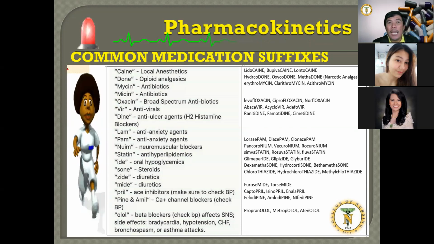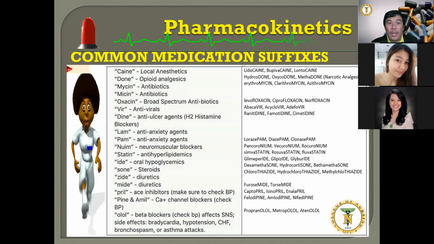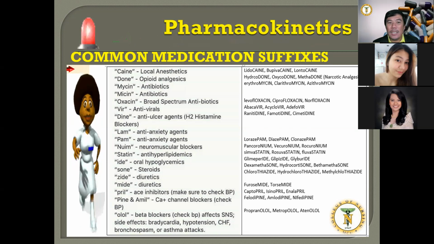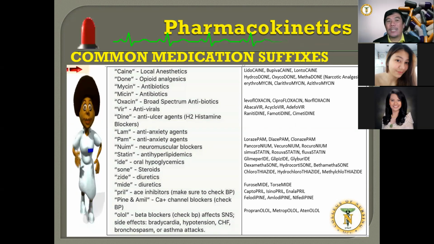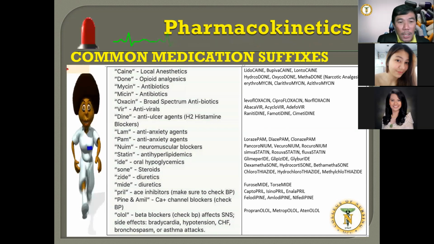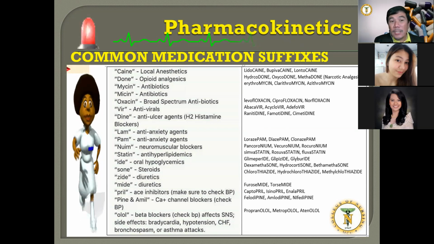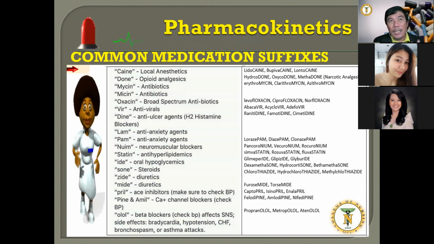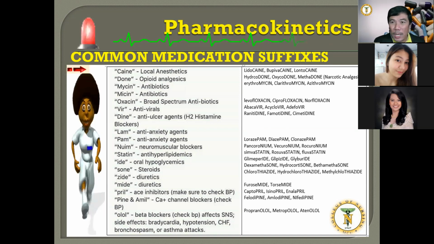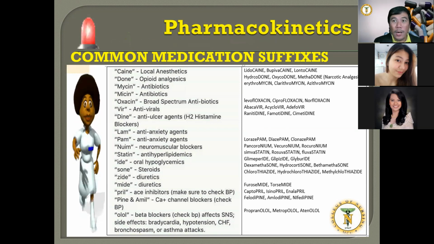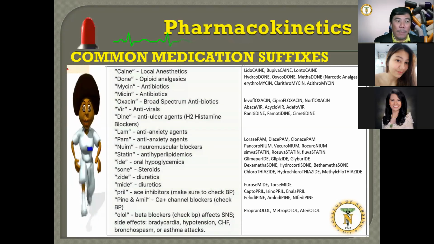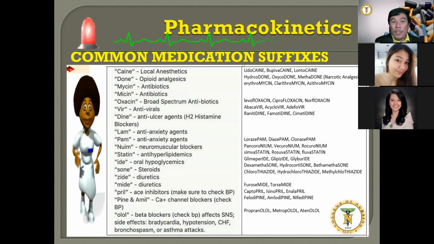If we say hypo, obviously low, glyc meaning blood sugar, emia referring to blood. So obviously, the oral hypoglycemic drug is intended to stabilize, to control, to sustain the level of blood sugar. Moreover, these are prescribed to patients with diabetes.